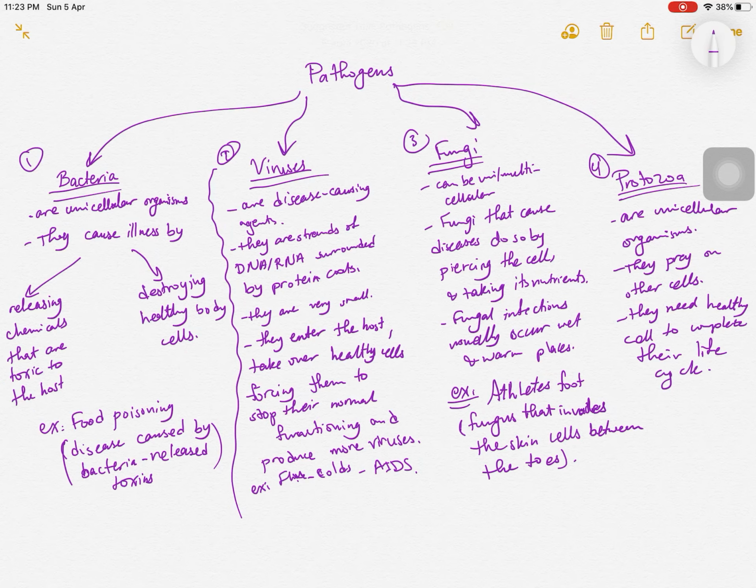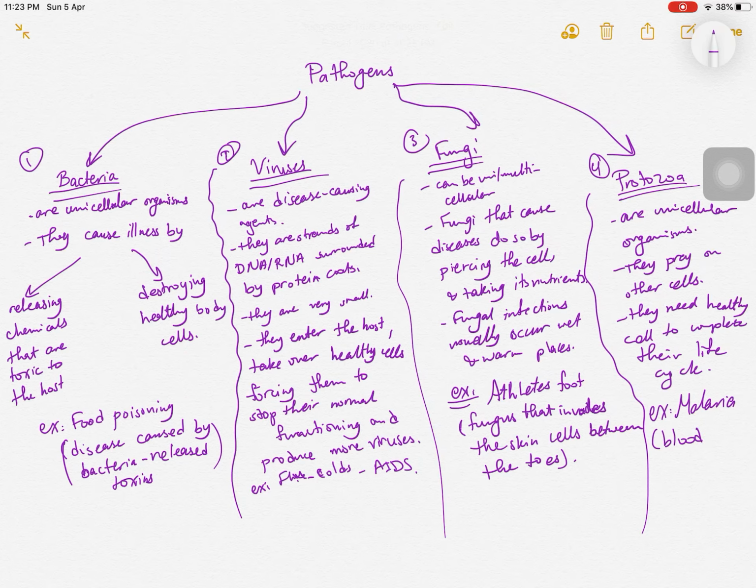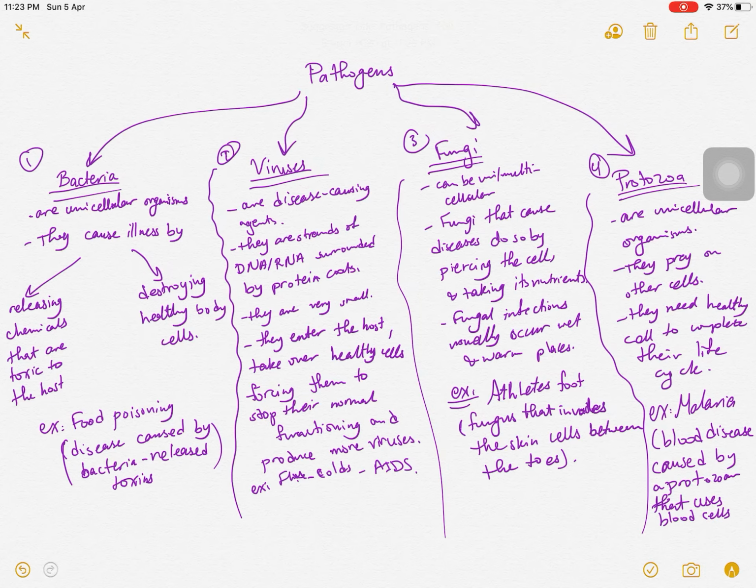An example of a disease caused by protozoa is malaria. It is a blood disease caused by a protozoan that uses blood cells to complete its life cycle.